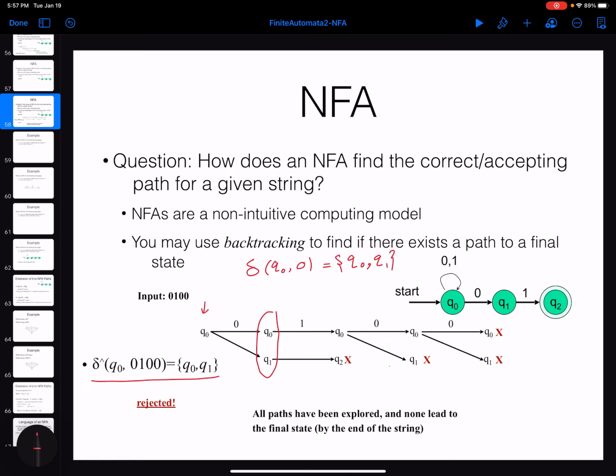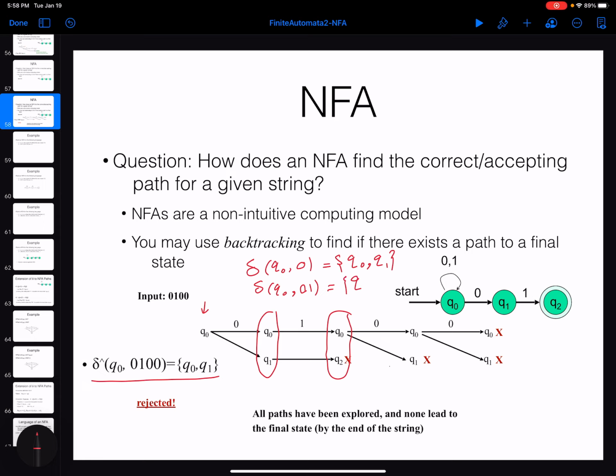You can extend this and say that if I started at Q0 and read, for example, the string 01, where can I be? This is going to be this set of states. If you create the full search tree by reading a string and follow and show all the possible states, it answers this question.